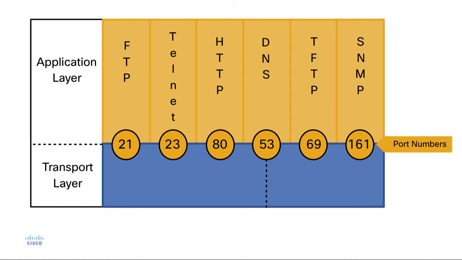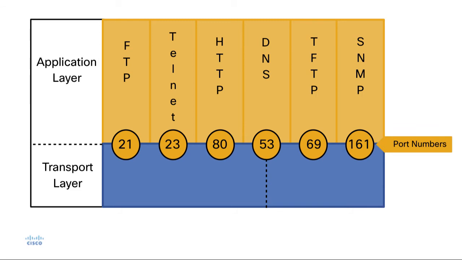We have TFTP and SNMP discussed previously, and those make use of UDP as their transport mechanism. The port numbers that are assigned to those applications are UDP port 69, or more specifically just port 69, and port 161 for SNMP. SNMP is also assigned port 162.